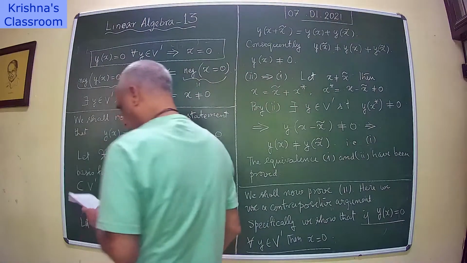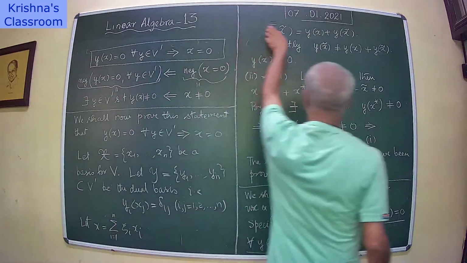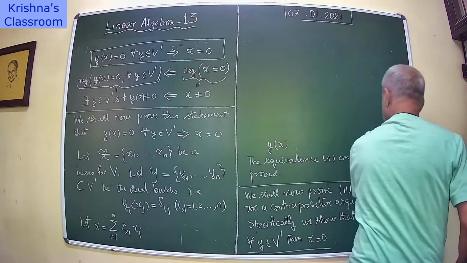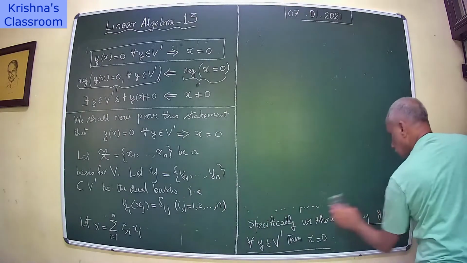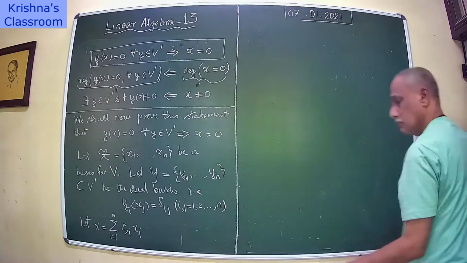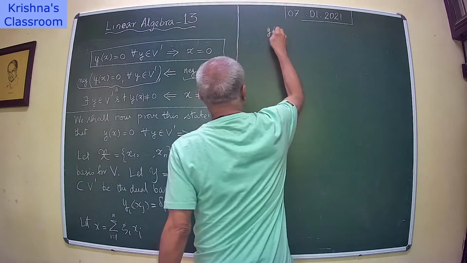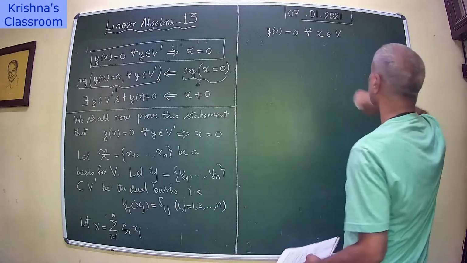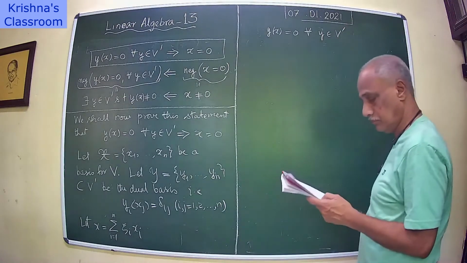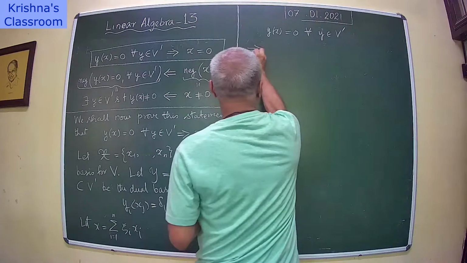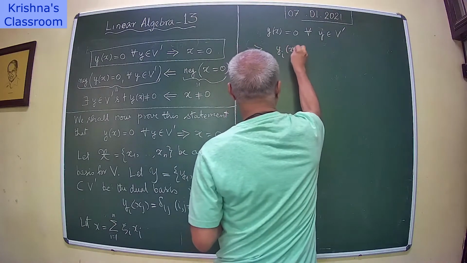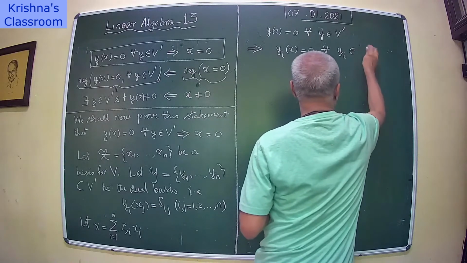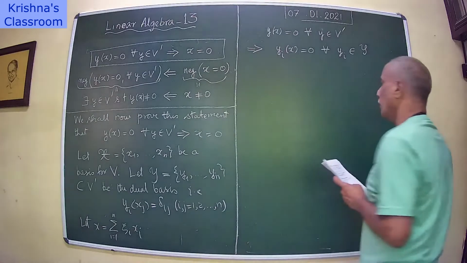Now y x equal to 0 for every y belonging to B prime, for every x belonging to B, implies y i x equal to 0 for every y i, that is the dual basis.